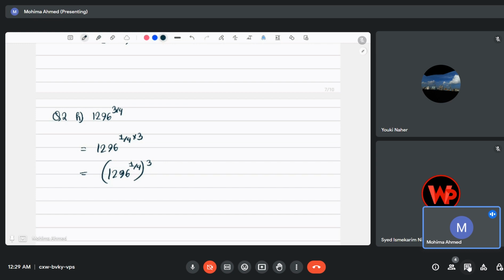For example, you can use a calculator to find the value of the fourth root of 1296.